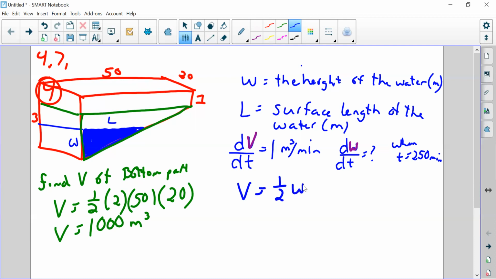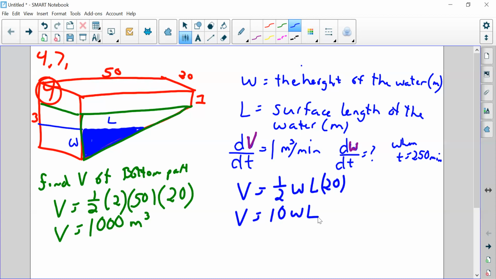W. What is my height? L. And what is my depth here? It's still the 20. That doesn't change. That's a constant in this. It doesn't change as we're going in the water. Water's going to spread throughout the entire base constantly. So we don't have to worry about that. So V is equal to 10 WL.